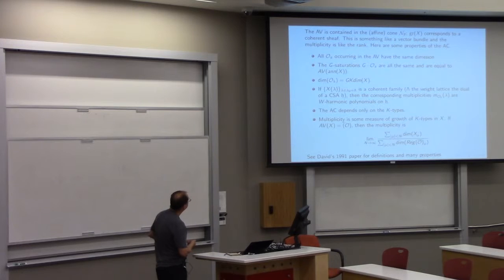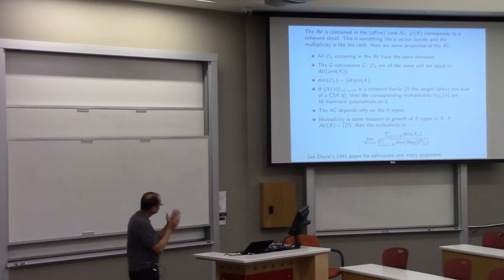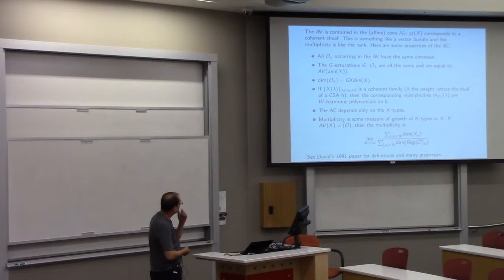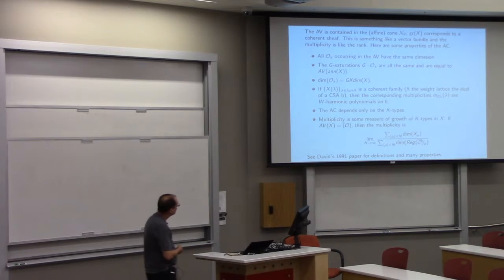And then if you take a coherent family of representations, so it should be irreducible in the dominant chamber, and they're labeled by infinitesimal character. Then the multiplicities that occur in the associated cycle are actually polynomials in lambda.